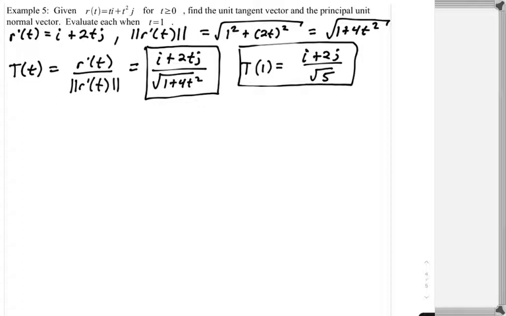What makes this bad is we have to take the derivative of this and then find the magnitude of that to find the principal unit normal vector. So that's where the bulk of the work is going to be on this problem.